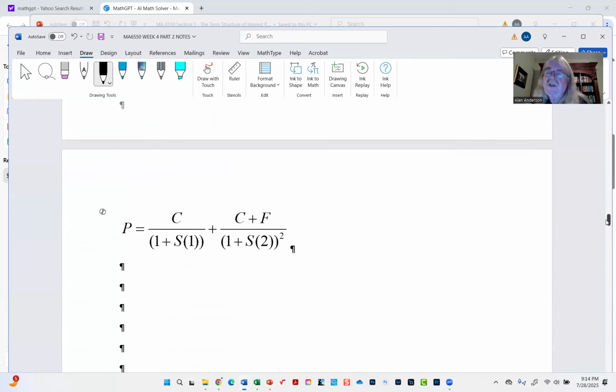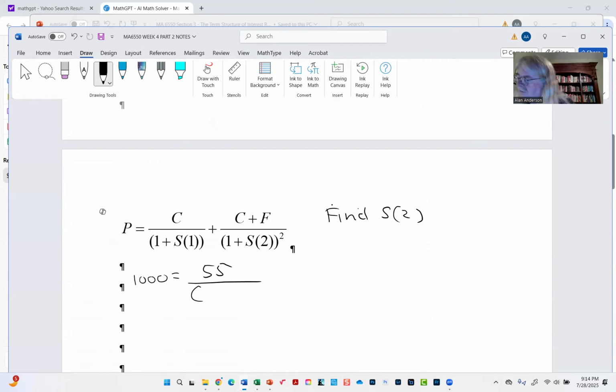And keep in mind, what we're solving for is S2. So it has a coupon of 55. We already know the spot rate for 1 year is 5%. Coupon plus face value is 1,055.